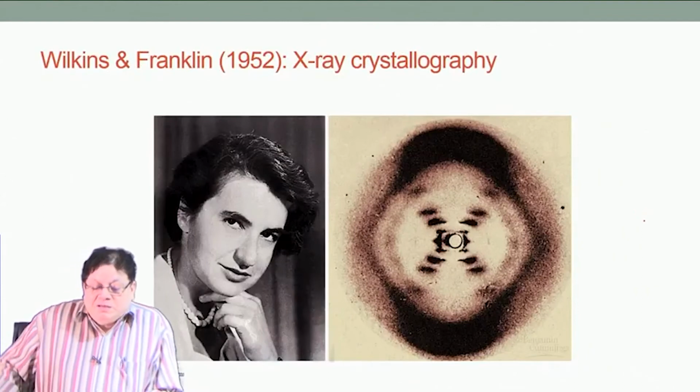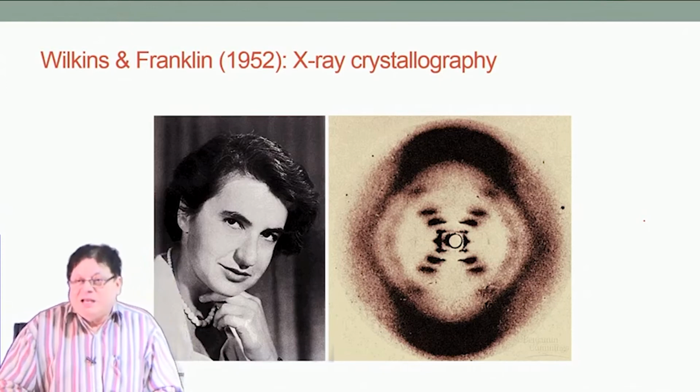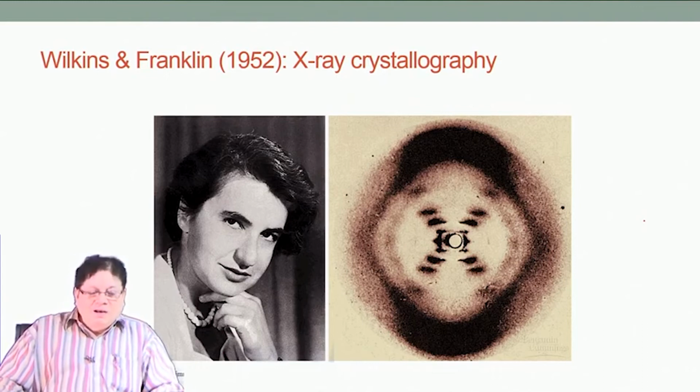Now, this is the famous X-ray crystallographic picture that was taken by the London group. I was telling you that there were 3 groups at that time heavily competing with each other. There was one lady scientist, Rosalind Franklin.